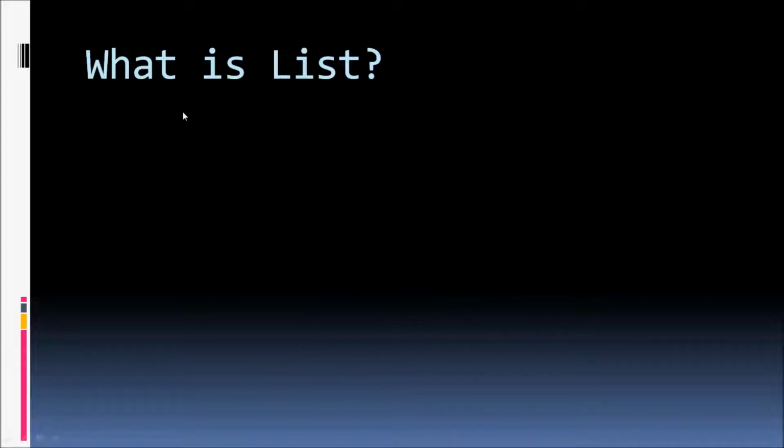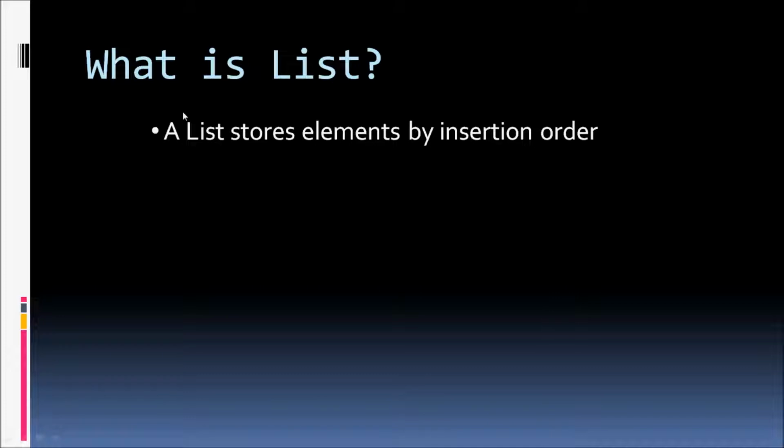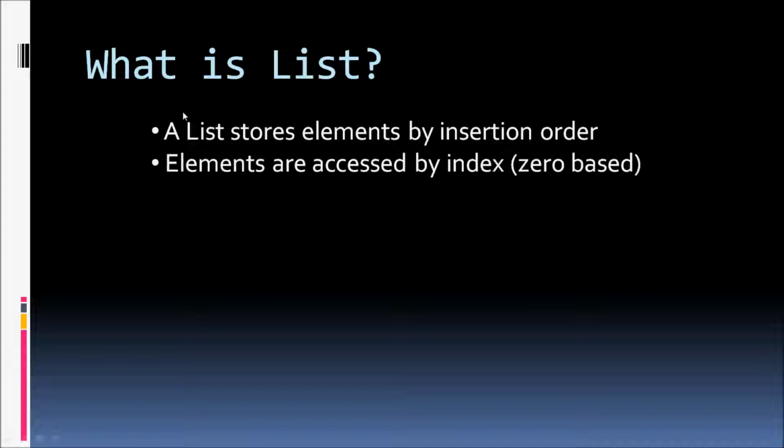So, what is a list collection? Basically, a list collection is a kind of data structure that stores elements by insertion order, either at the end of the list or at a specific position in the list, and the elements in the list are accessed by an integer number called index, and index in Java is zero based.